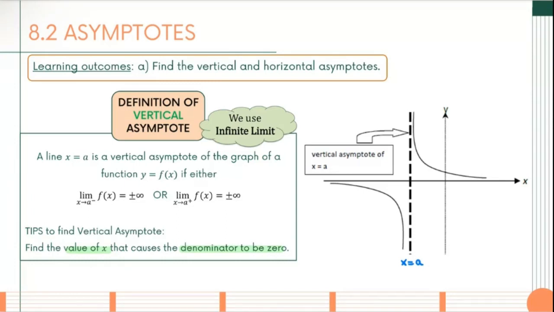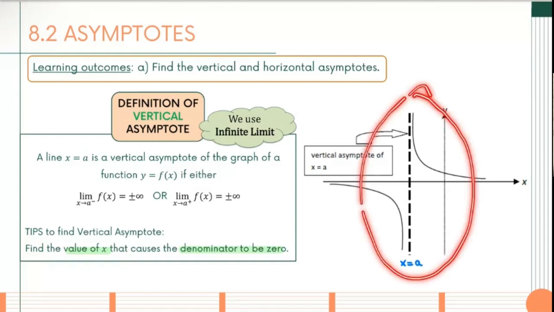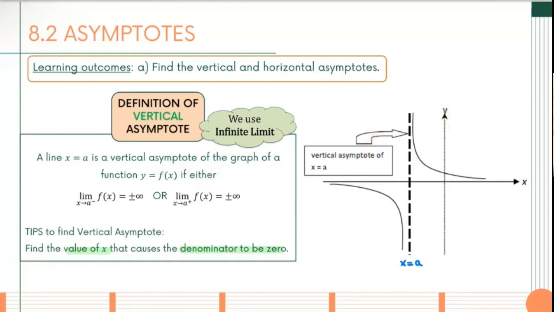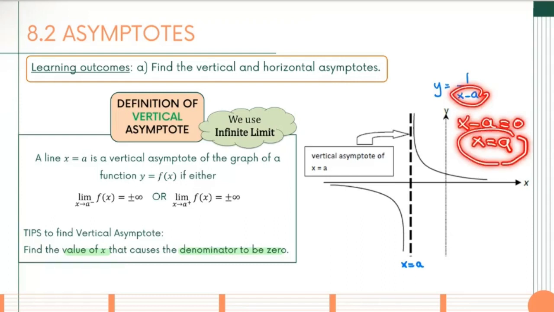Okay, so now saya tunjukkan contoh dekat graph ni. So let's say here graph kita ni function dia adalah y equals to 1 over x minus A. So apabila kita samakan x minus A is equals to 0, so I get x equals to A. So x equals to A inilah kita punya vertical asymptote.